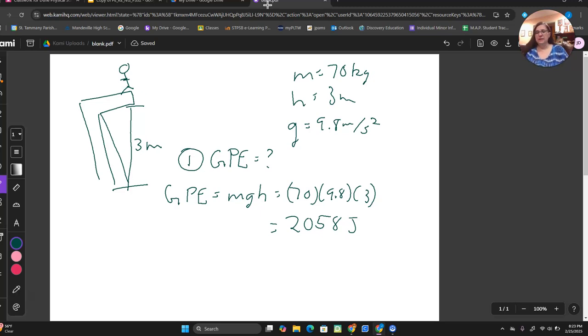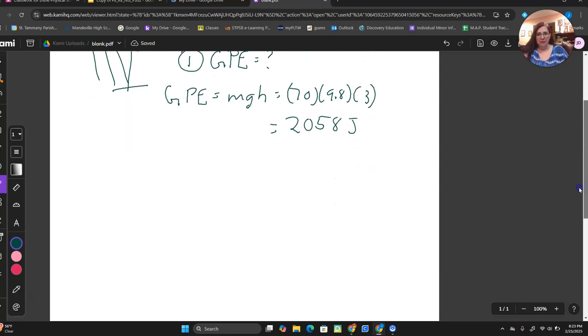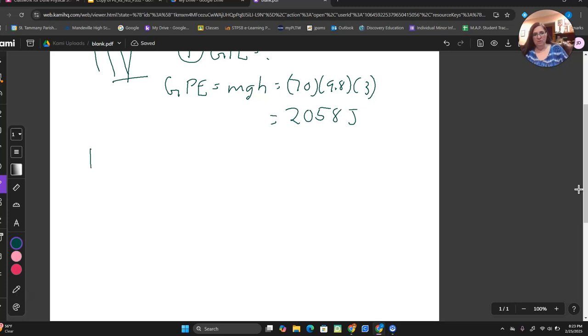The second question is, how fast is this diver falling? What is this diver's speed right before they hit the water? So we know that in this case, the potential energy is going to equal the kinetic energy. So I'm going to use this 2,058 joules as my kinetic energy.